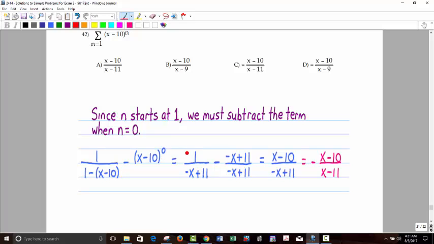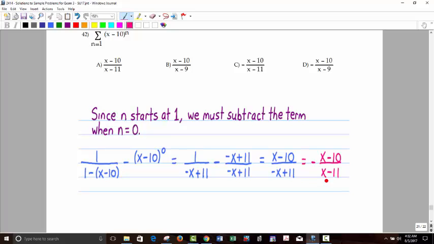Now I didn't write that there, but obviously this is 1. So x minus 10 to the 0 is 1. So I'm getting a common denominator for 1, which in this case will be negative x plus 11. So 1 minus a negative x plus 11 gives you x minus 10 over negative x plus 11, so that's the correct answer. But to make it match the answers up here, you see it's x minus 10 on top, so we'll leave that alone, but I pulled a negative out of the denominator.